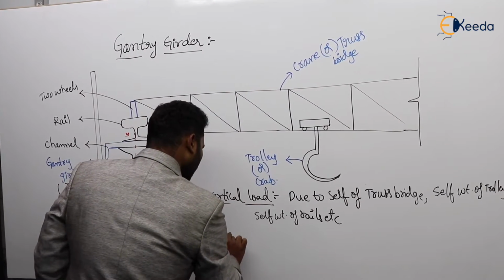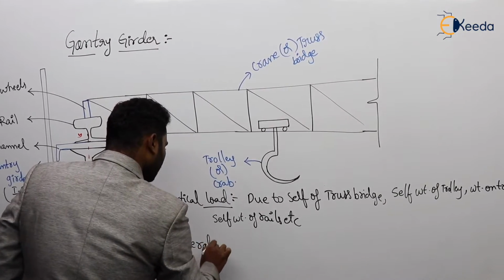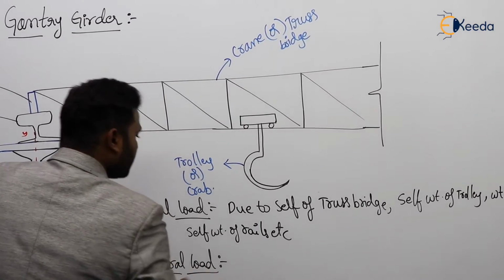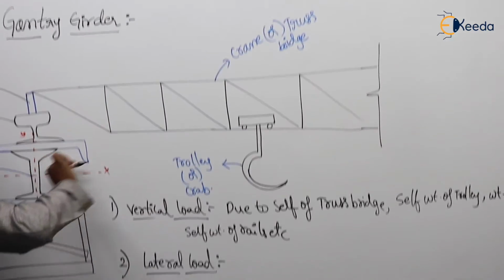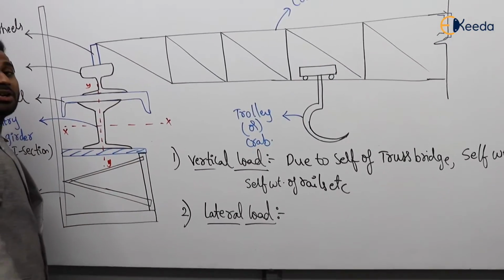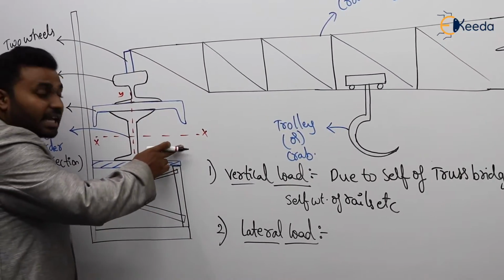Next is lateral load. Lateral load means this is the direction. So this is the lateral direction. Why is this gantry girder subjected to lateral load? Come on, see the diagram and try to tell.